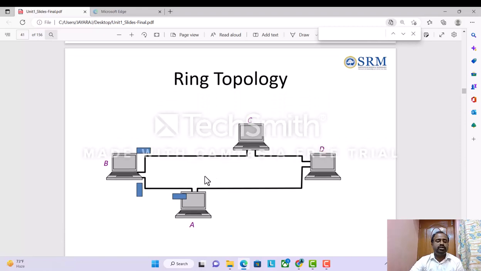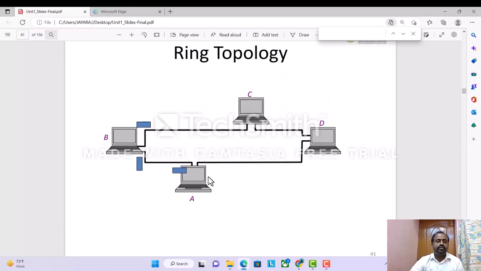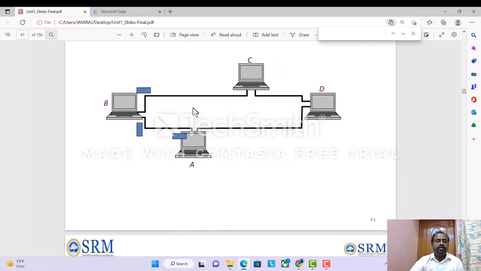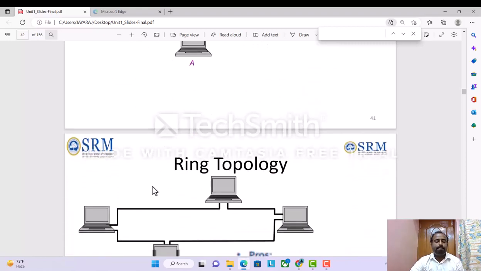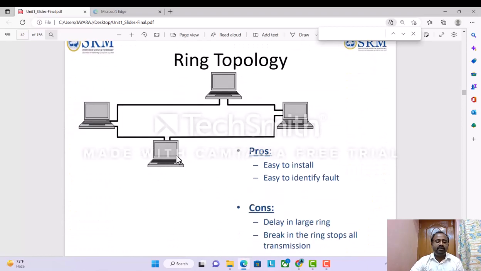Then ring topology, it is in a circular mode. See, A, B, C and D, each and every device will be connected to two other systems so that they can transfer the messages in a ring. See, it is easy to install, then easy to identify the fault. Since it is connected to two devices in a unidirectional way, you can easily find out the error when transferring the messages.